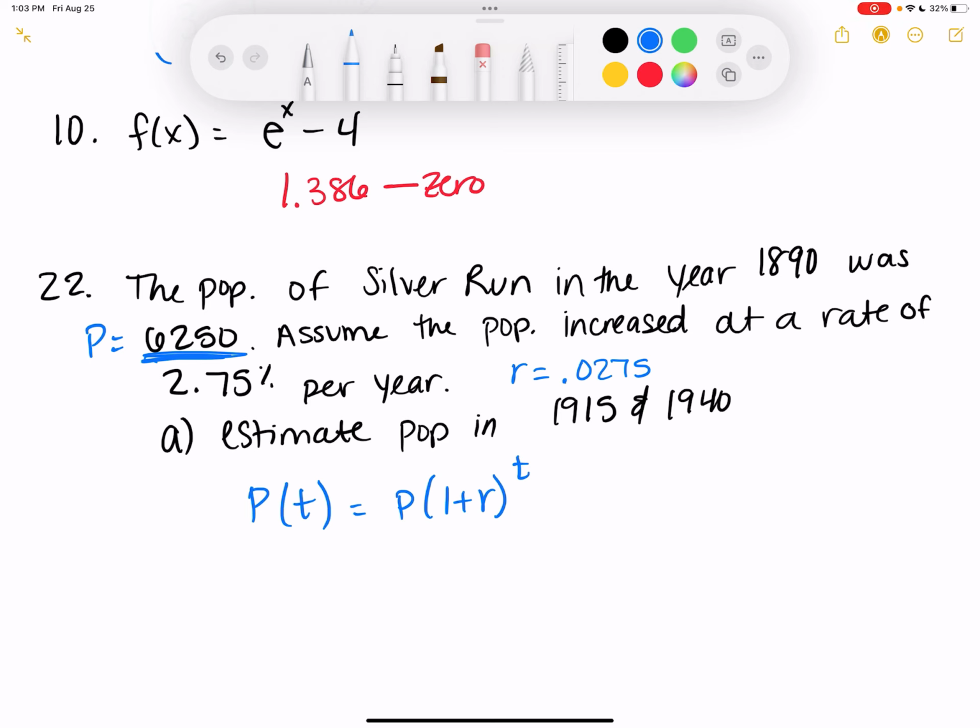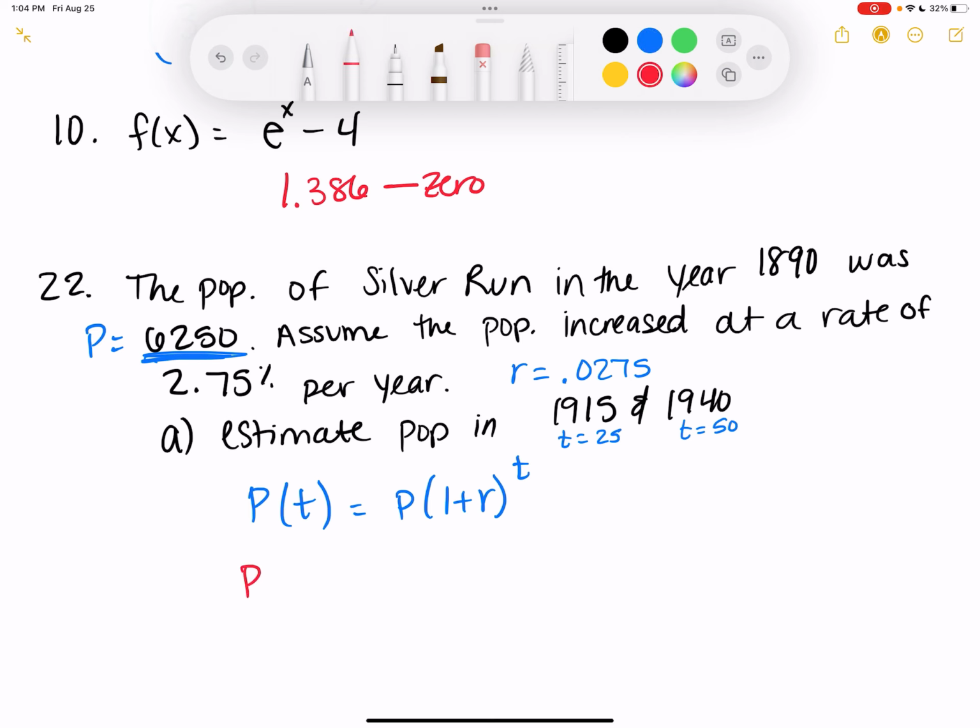Now, a common mistake is to put 15 because it's 1915, or to actually put in 1915. That's not the years since this occurred. So how many years is this since 1890? 25. So this T is going to be 25. How about 1940 from 1890? 50. So we have to do this problem twice, basically. The first time I'm going to plug in 25 for T, and then the second time I'll plug in 50.